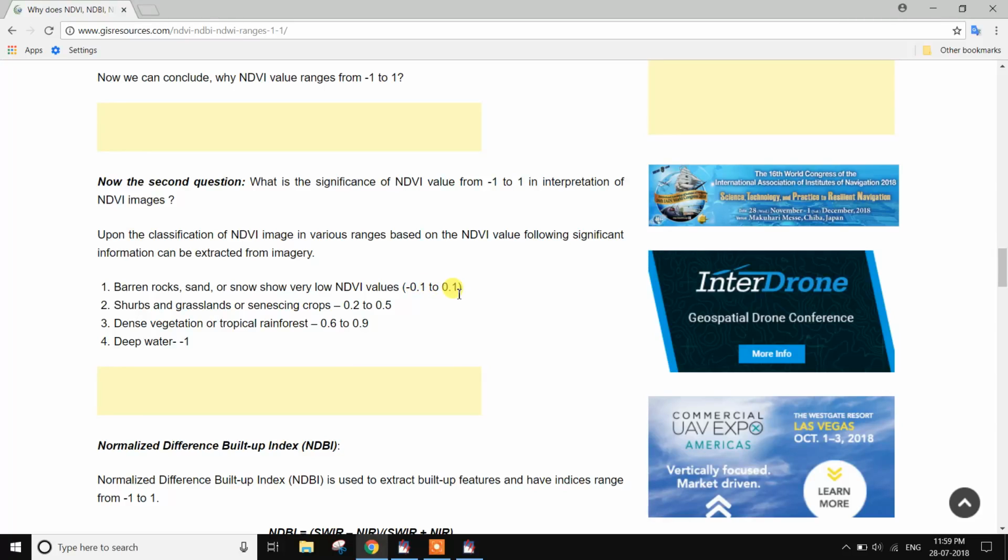Actually the NDVI range is +1 to -1. Shrub and grassland, cropland is 0.2 to 0.5, dense forest and typical rainforest 0.6 to 0.9, deep water -1.